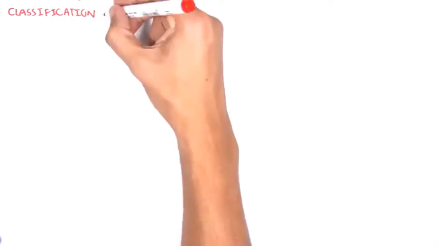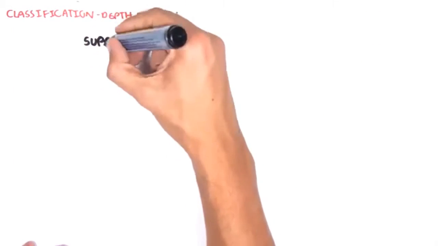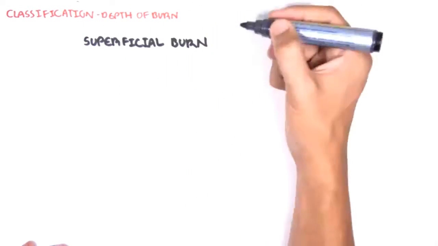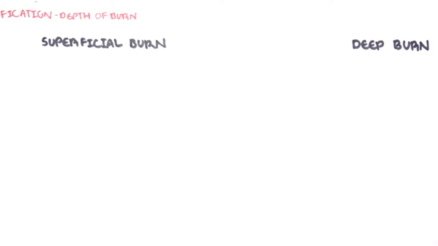So now that we know the pathophysiology of superficial burns and deep burns, let us learn a bit more about the classification of the burn depth. Again, burn depth can be broadly divided into superficial and deep burns.